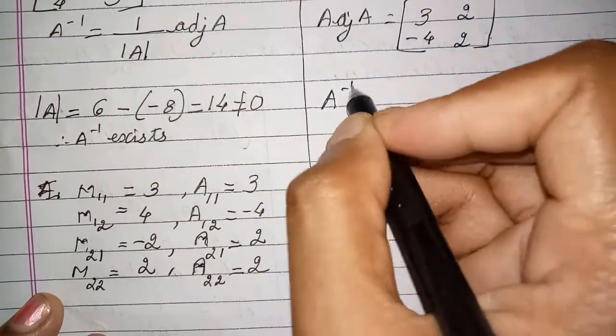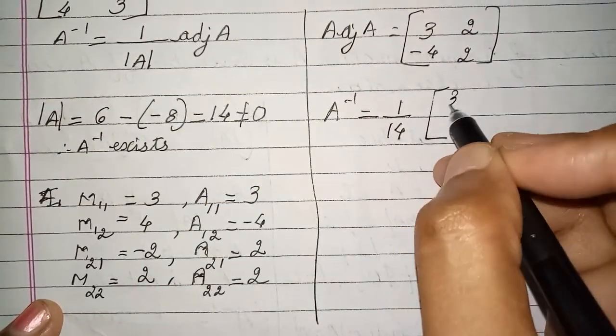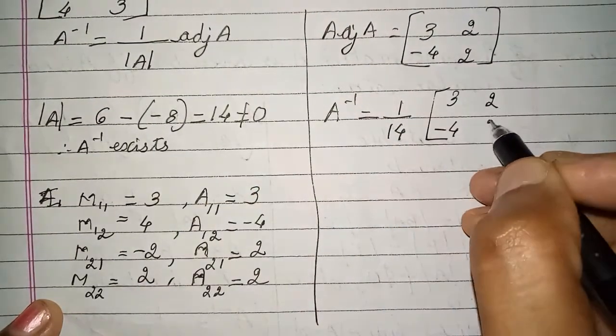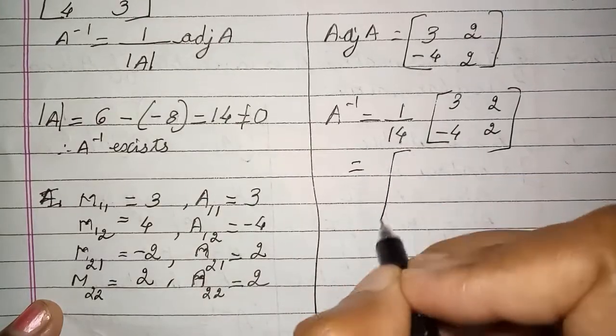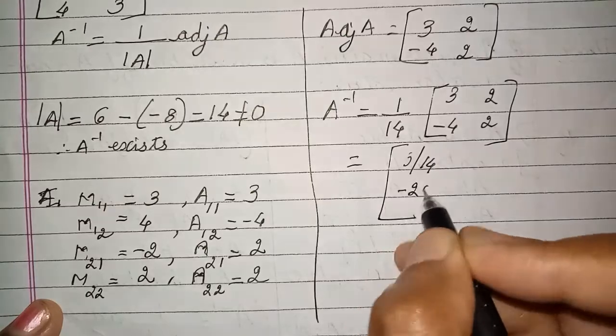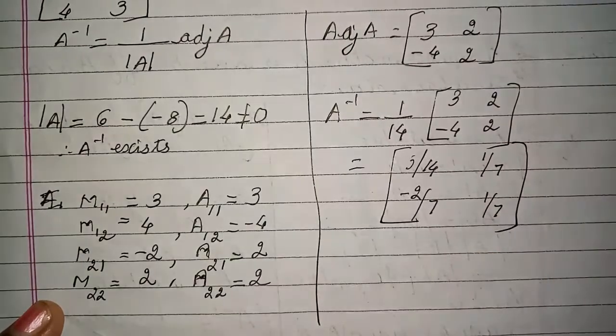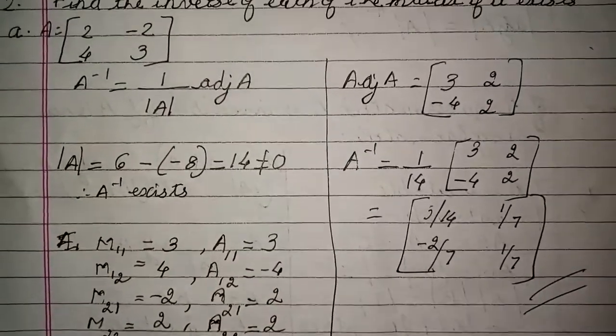Now A inverse is what? 1 by 14 times adjoint of A. If you want, you can simplify this: 3 by 14, minus 2 by 7, 1 by 7 and 1 by 7. So this is your A inverse.